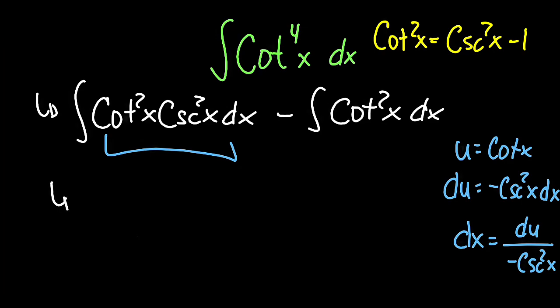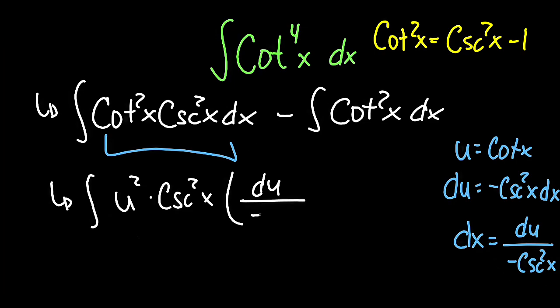By replacing that, we would have the value of u squared, since cotangent x is u and it is squared, so it would be u squared multiplied by cosecant squared of x and multiplied by the value of dx, which is du over negative cosecant squared of x.